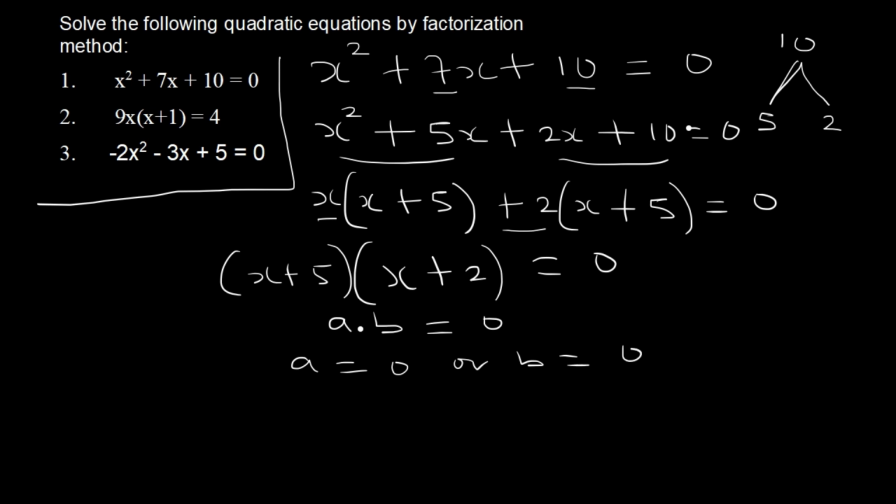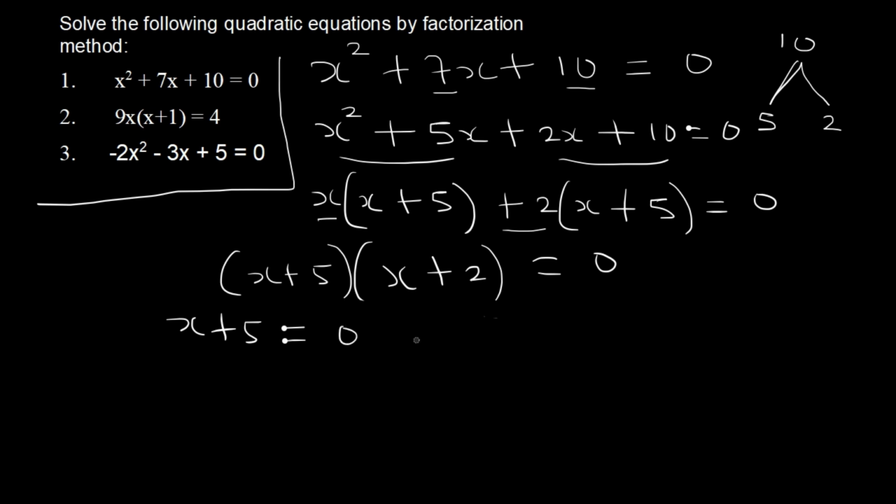So we are going to do the same thing here. Since we have x plus 5 times x plus 2 equal to 0, so we have that x plus 5 is equal to 0 or x plus 2 is equal to 0.